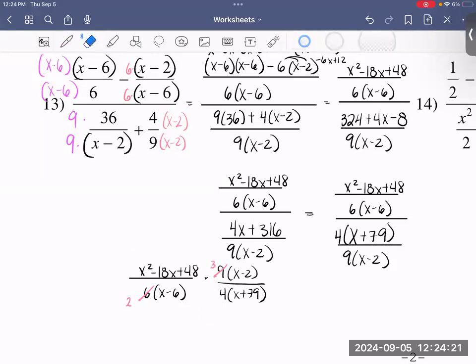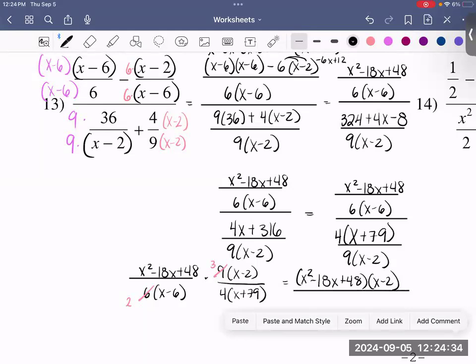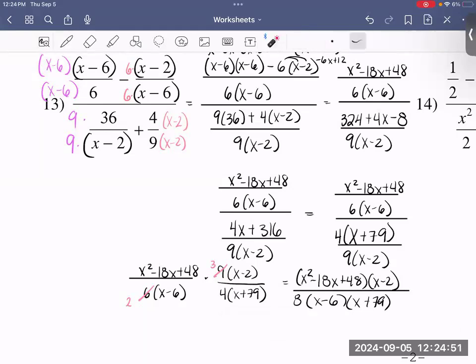So we're left with x squared minus 18x plus 48 times x minus 2 all over, let's see, 8 x minus 6 and x plus 79. All right, and that should be as simplified as possible.